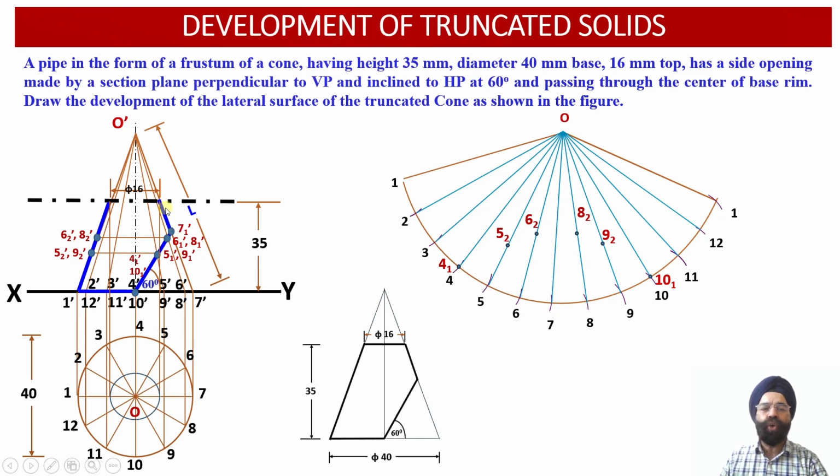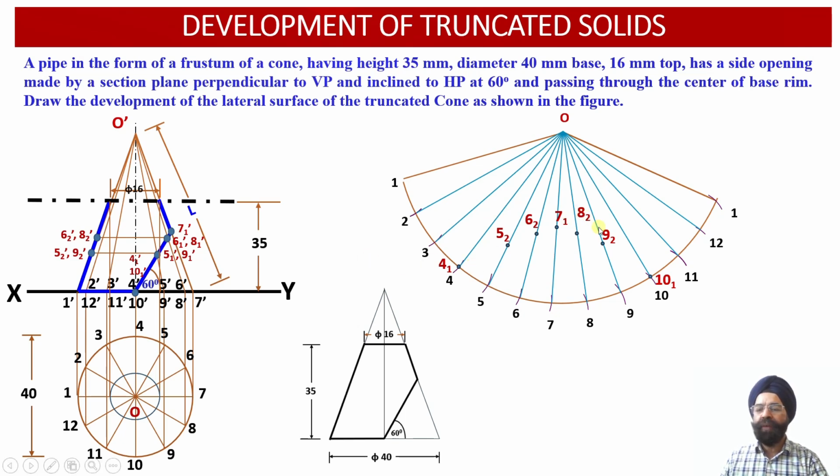Why? Because it is already obtained on the true length of the slant generator O-7 dash over here. So we will be measuring the same distance O-7-1 dash over here. Now onto the true length of the slant generator O7, we will mark the same distance over here. So the point 7-1 will be obtained on the lateral surface development view.